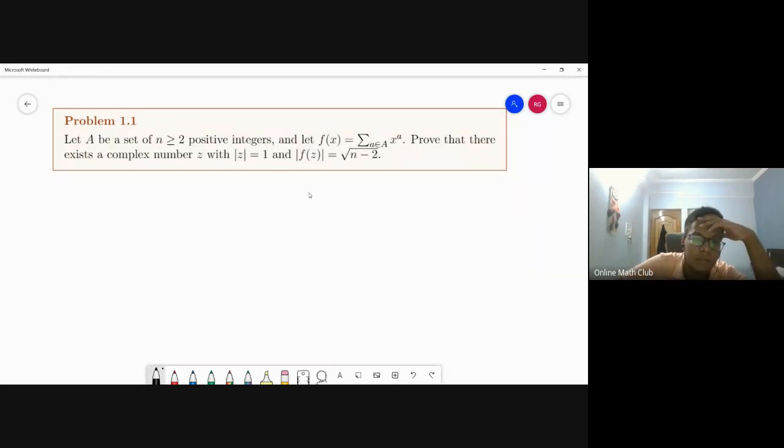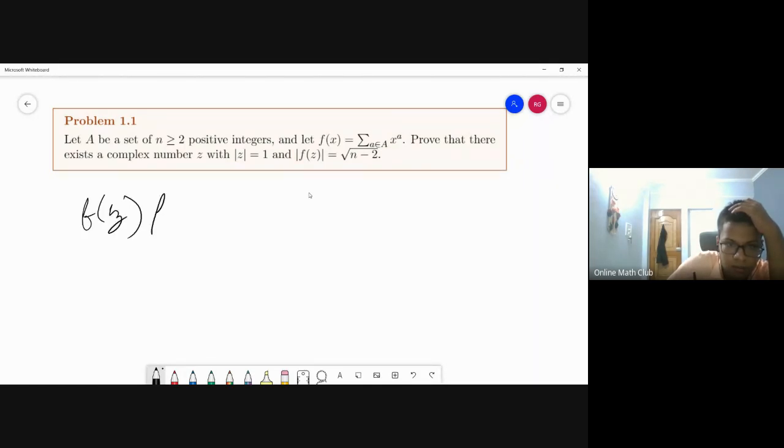This is a complex number z with |z| equal to 1 and f. So, interesting. I assume if we're going to do this, we should look at, instead of f of z, let's look at f of z, f of z prime.